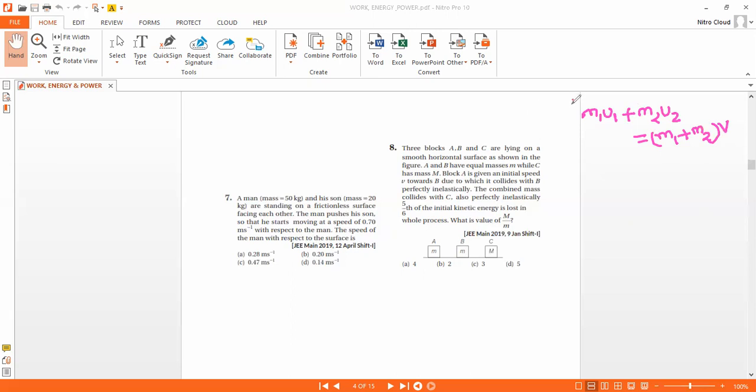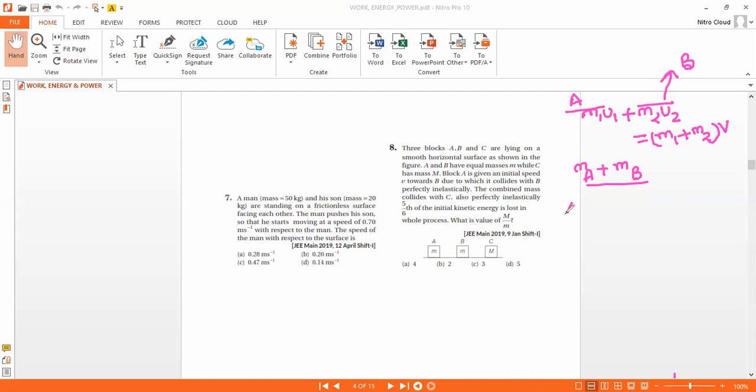Suppose I consider this as A, this as B. After the perfectly inelastic collision, both the particles move with a common velocity. The combined mass, that is mass of A plus mass of B, collides with C, again perfectly inelastically. 5 by 6 of the initial kinetic energy is lost.